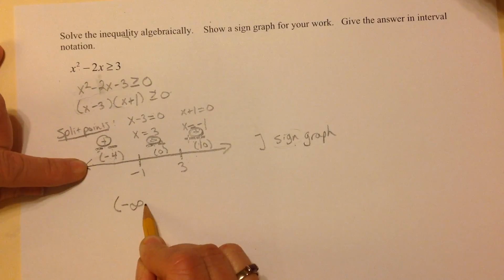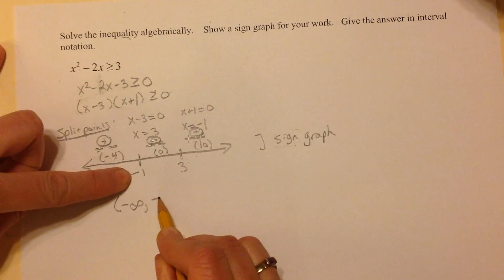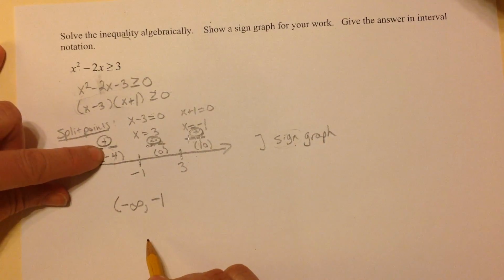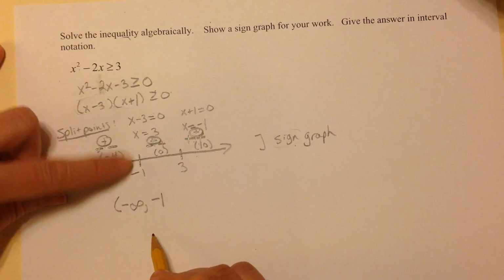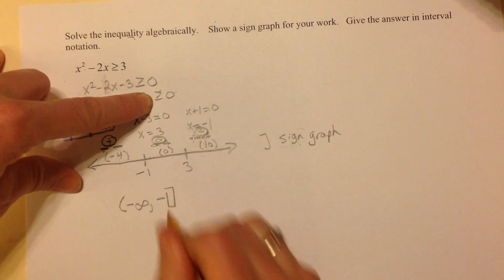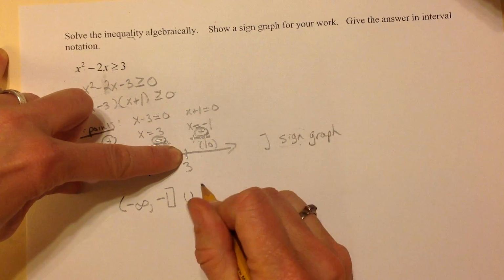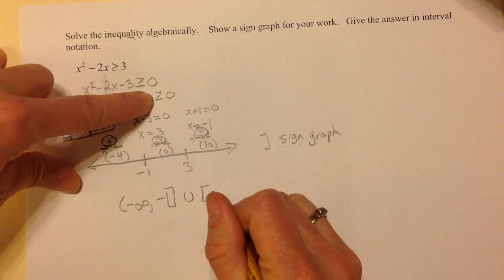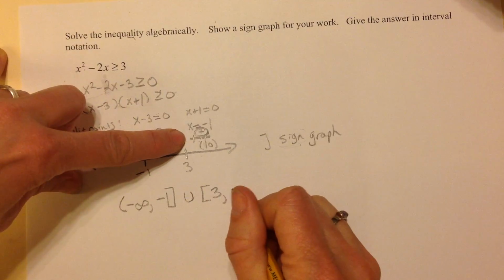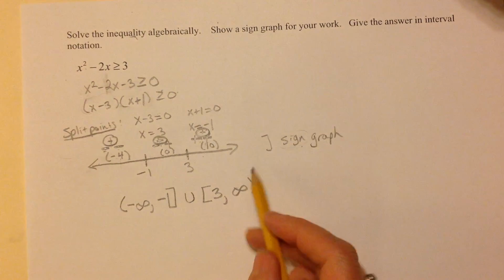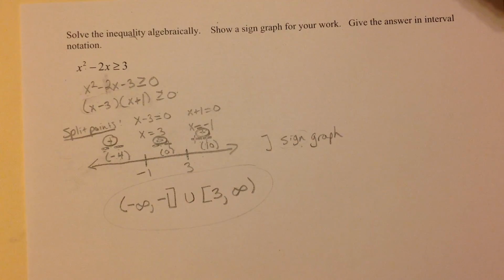The first one starts at -infinity and stops at the split point, -1. Not your test point, the split point. Because there's an equal to, I use a bracket. Then I have a second region, which I can join using union or a comma. It starts at 3. Again, it uses a bracket because of the equal to, and it continues on out to infinity. And this is the answer to this problem.